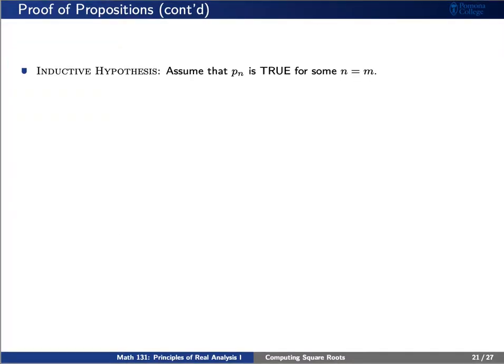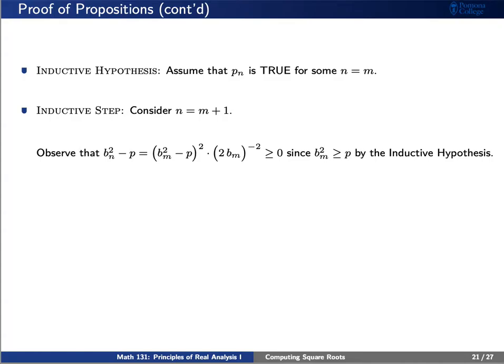We can state our inductive hypothesis that the proposition p sub n is true for some n equals m. Now we'll assume that n is m plus 1. As before, we'll start to write out some formulas to realize that b sub n squared minus p will be the ratio of two positive numbers, therefore it's a positive number.